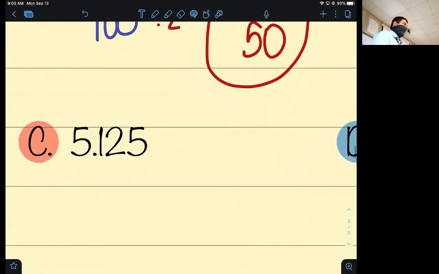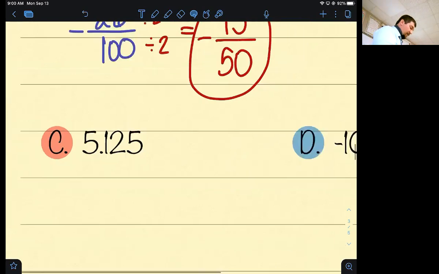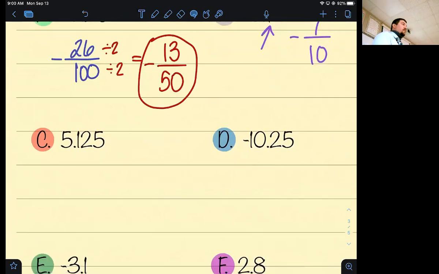What would this one be? 5 and 125. What word do we put for this? Thousandths. Whatever its place value was, that's the number we write on the bottom. So is there a number in front of the decimal point? Absolutely.